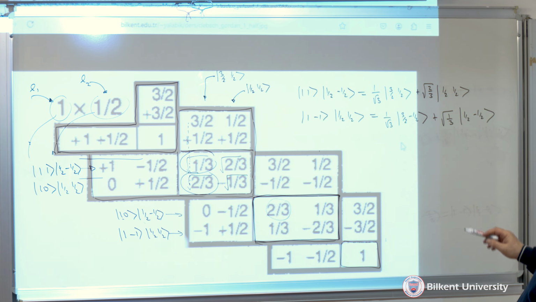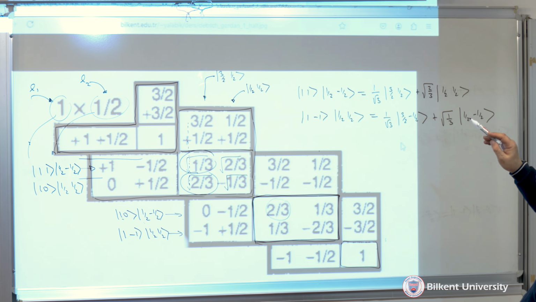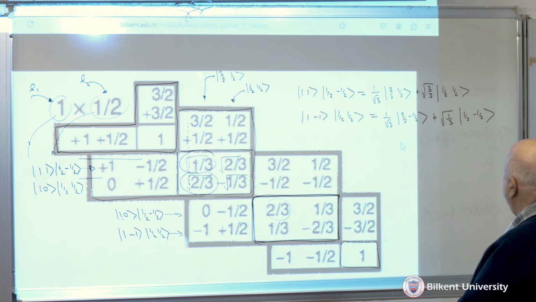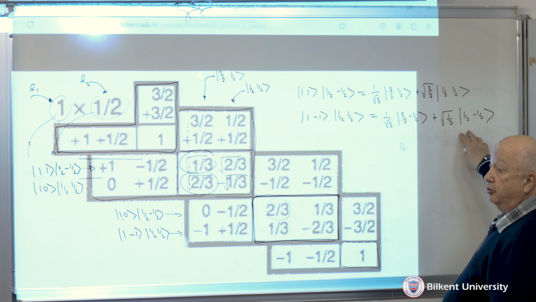In any case, you can move left to right or up and down and generate all of these coefficients. Any questions? I don't understand the second term. Second term, you mean this one or the whole term? The second one.